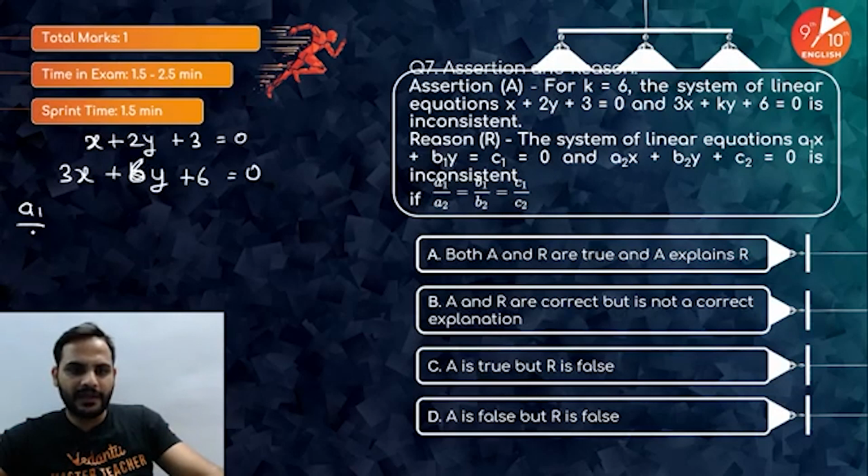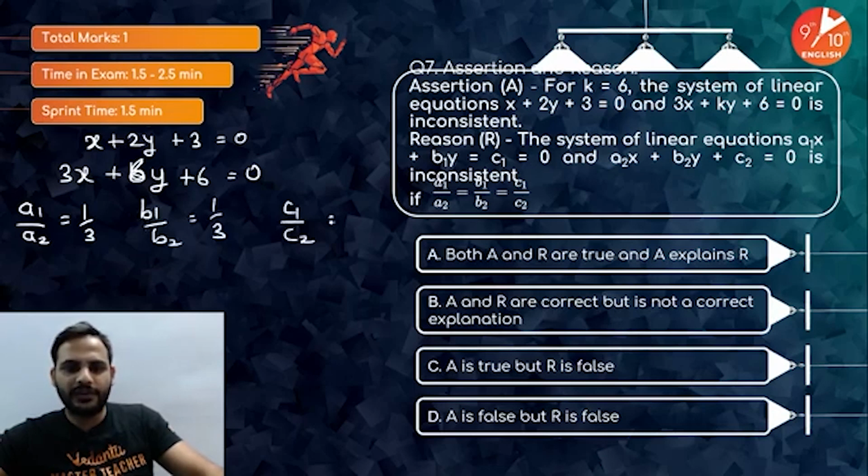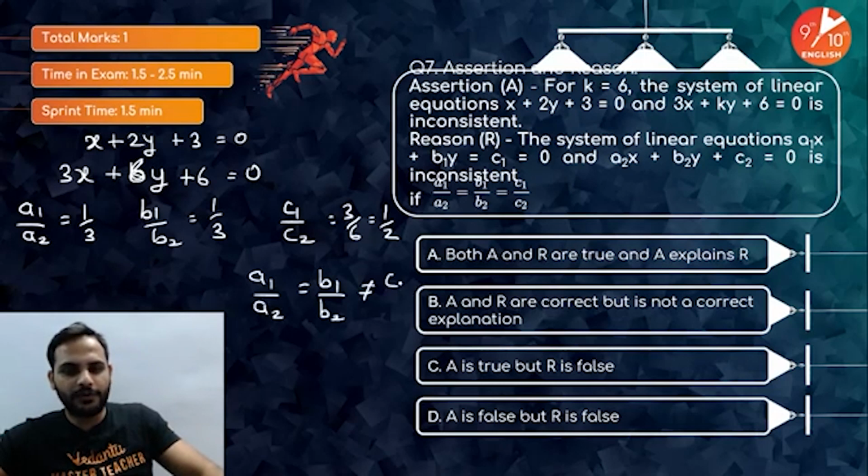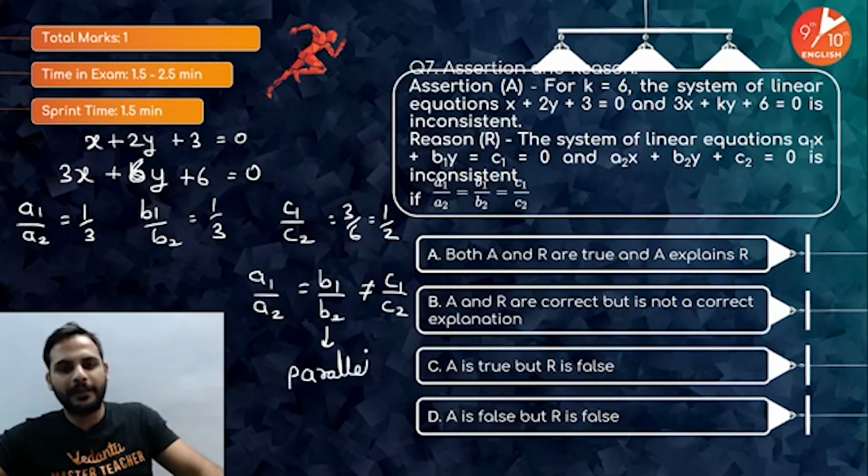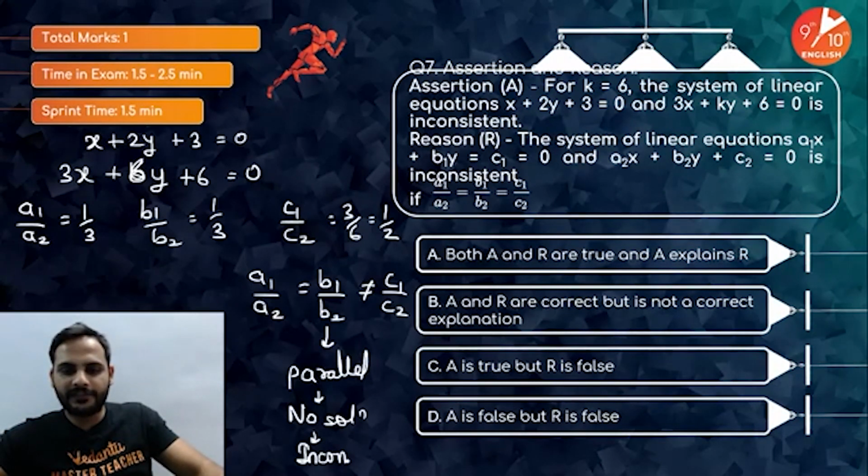So a1 by a2 is equal to 1 by 3, b1 by b2 is 2 by 6, which is 1 by 3, and c1 by c2 is 3 by 6, which is 1 by 2. We are getting a1 by a2 is equal to b1 by b2 and not equal to c1 by c2, which means they are parallel lines, and parallel lines mean no solution, and no solution means what? Inconsistent. At the starting I have told you.